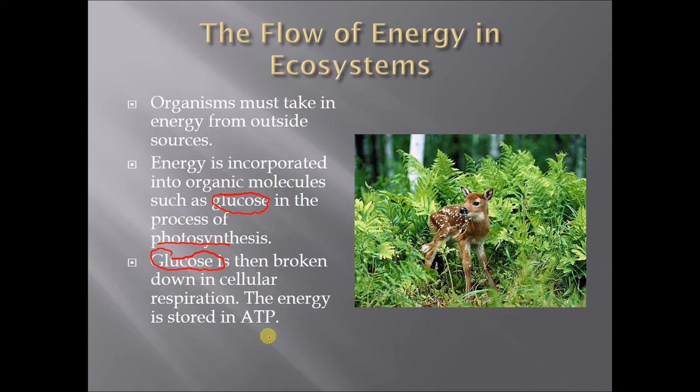So we're going from glucose to ATP. All those other macromolecules we can break down into other parts that can be used in this cycle, but we're going to focus on glucose because a lot of macromolecules like carbohydrates can be broken into glucose or glucose residues.